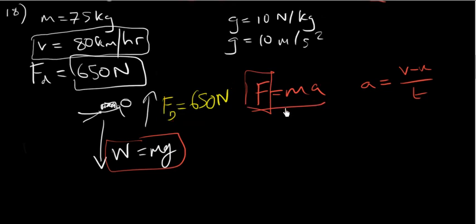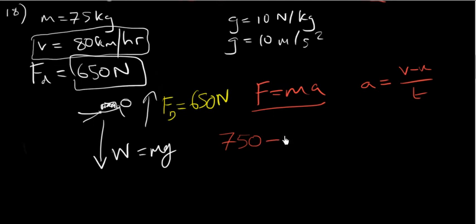So let's then work out what the resultant force, or the net force, is, and then we can find the acceleration. So we need the weight. Weight is 75 times 10, so that's going to be 750 newtons down. So the difference between 750 down and 650 up is going to equal our mass times our acceleration.